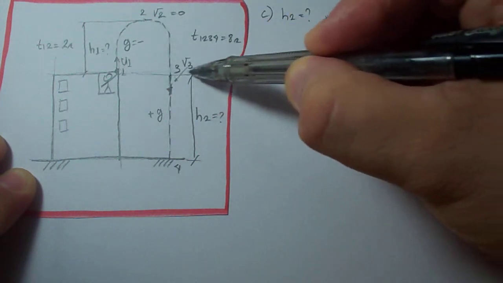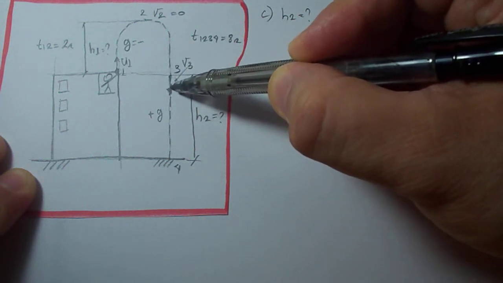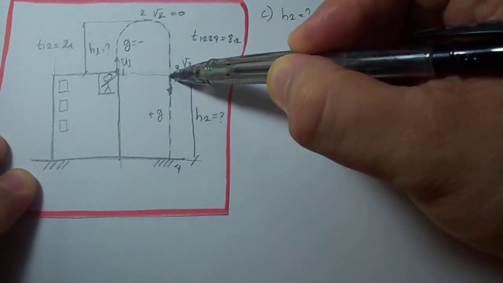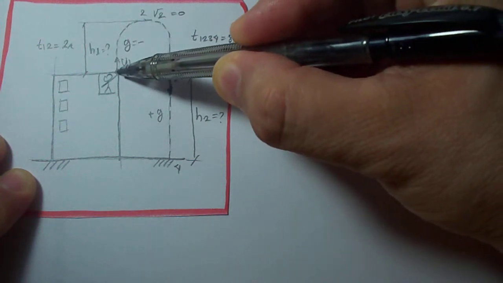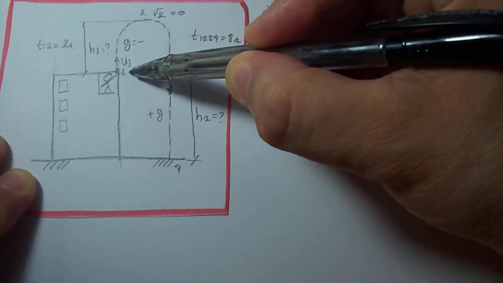At the same level, take note that at point 3 there's a velocity going down. That velocity is actually equal to the velocity when it's going up at U1, point 1.